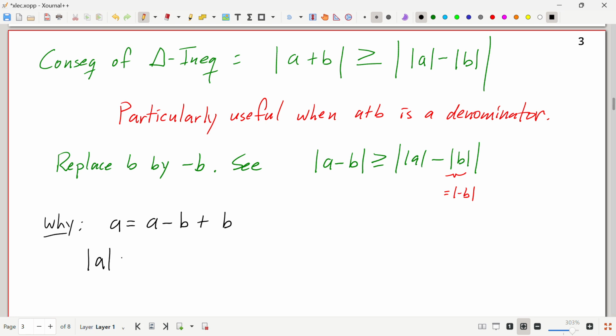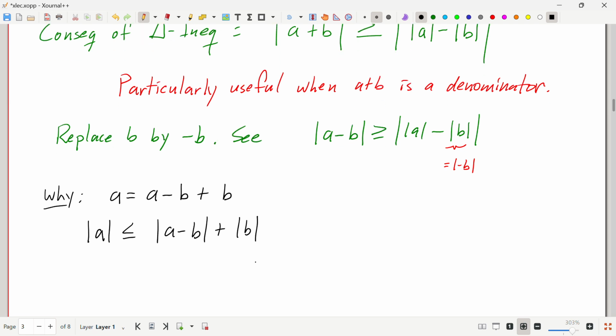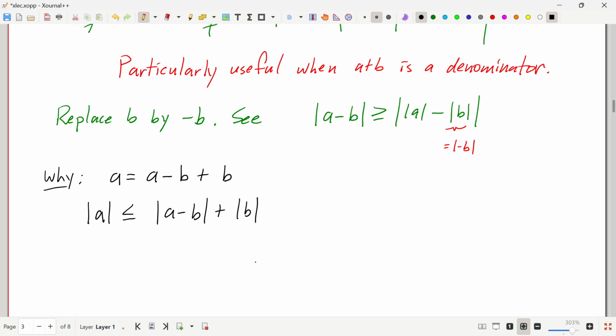And when I do the triangle inequality, I'd have that's less than or equal to the modulus of A minus B plus the modulus of B. Am I saying modulus? I'm really sorry about that. I usually teach complex, not real. I'm teaching that also this semester.